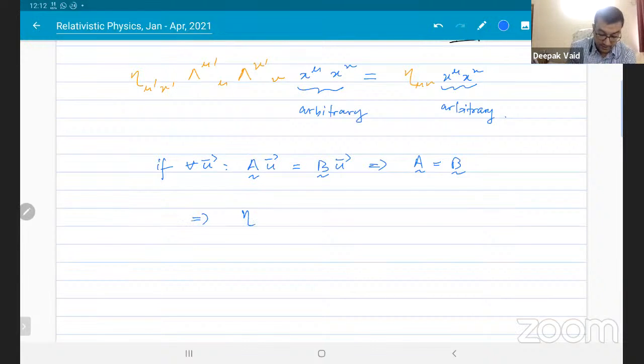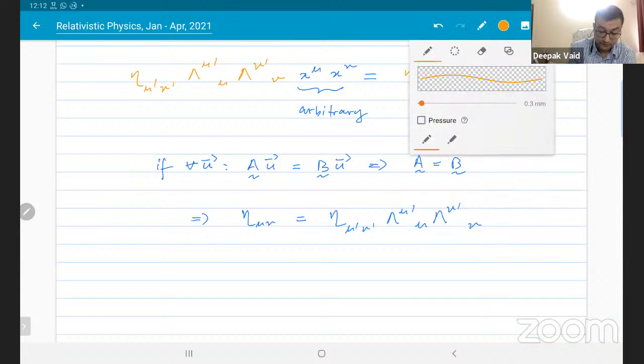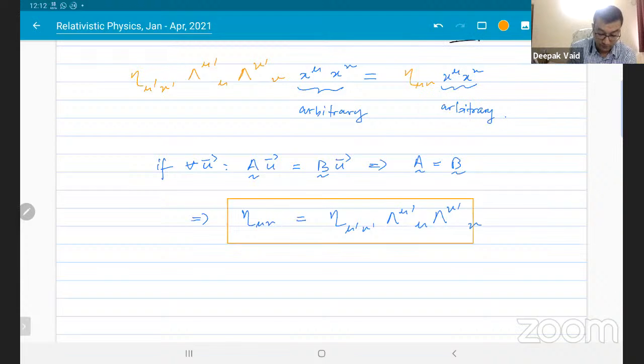So this implies that eta mu nu is equal to eta mu nu prime lambda mu prime mu lambda mu prime. Okay, and also vice versa. So if I go in the other direction, also the same thing is true with the lambda indices arranged appropriately.